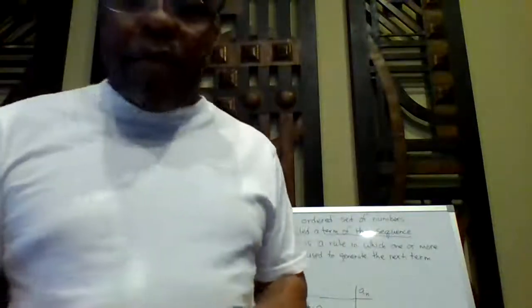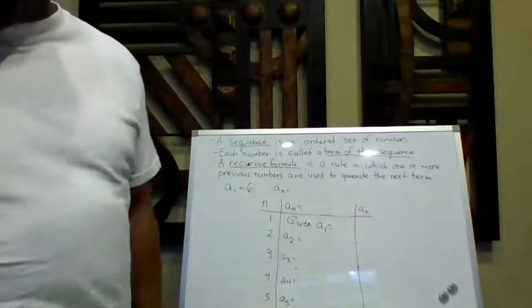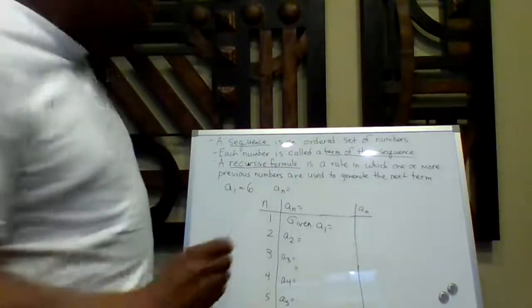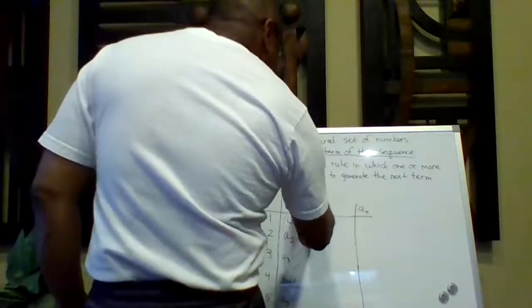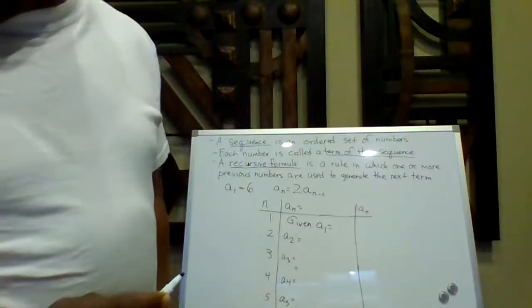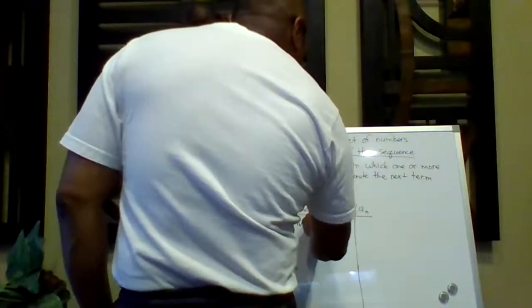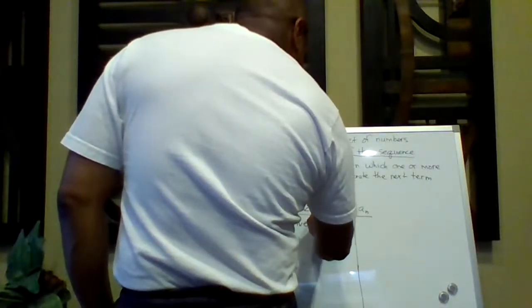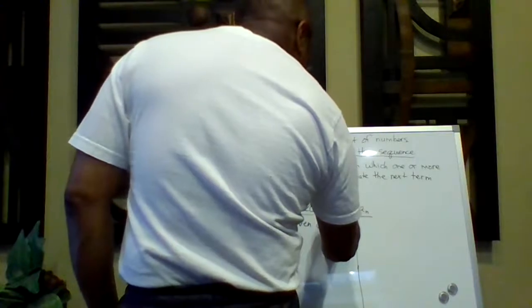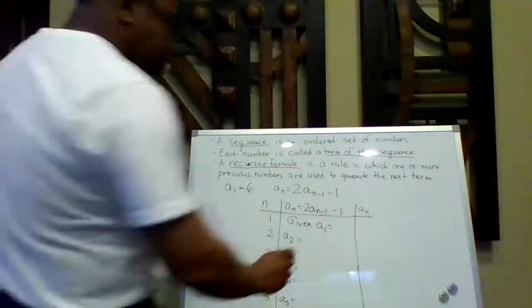Now, the next problem, number 3: a sub 1 is given as 6. So a sub 1 is 6. The recursive formula here is 2 times a sub n minus 1, minus 1. A sub 1 is given to be 6.